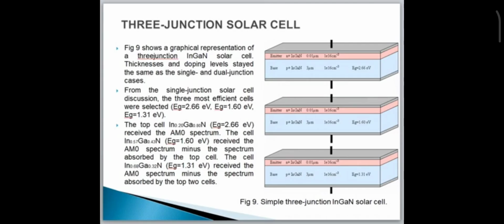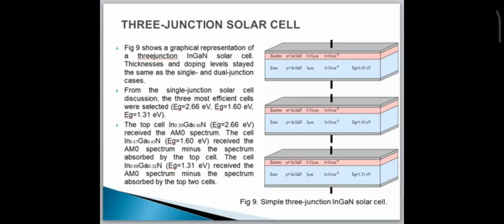Now in the 3-junction solar cell, the top cell, indium gallium nitride with mole fraction 0.20 and band gap 2.66 electron volt, received the air mass 0 spectrum.